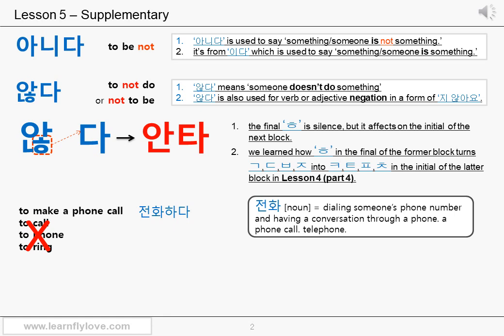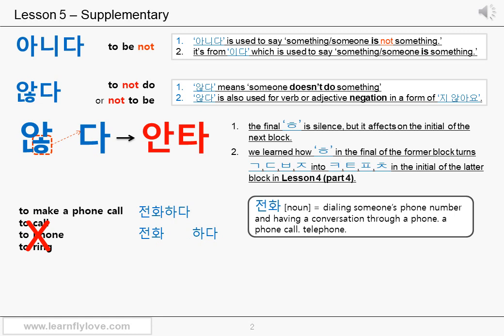As make a phone call has a verb make and an object of phone call, we can also split Korean verb 전화하다 into two parts. 전화 and 하다. And 전화 can be an object and 하다 can be an actual verb.